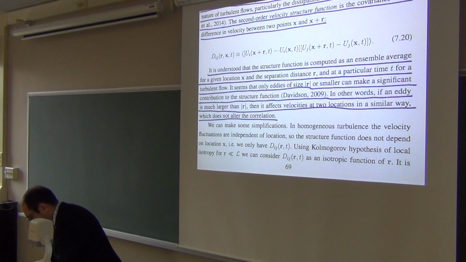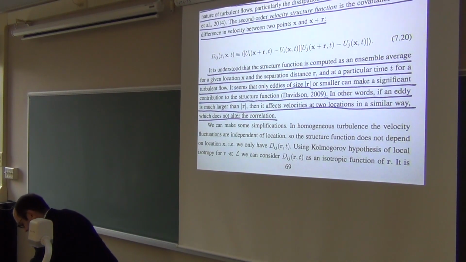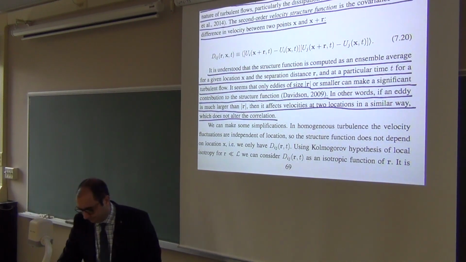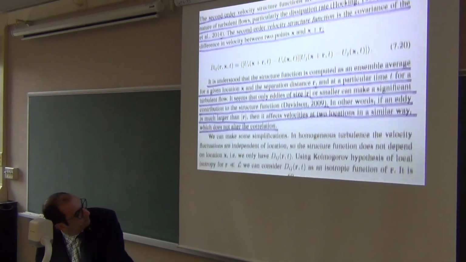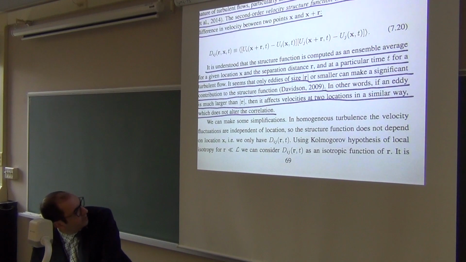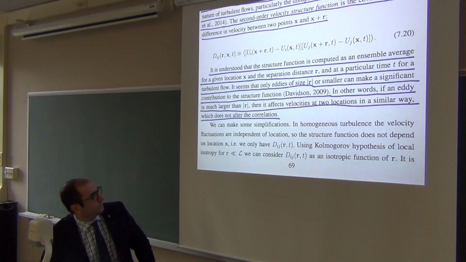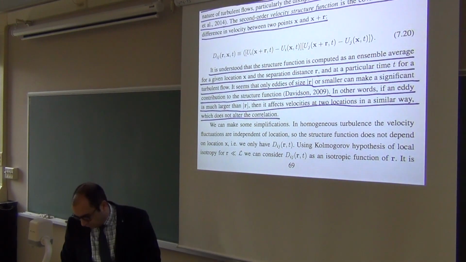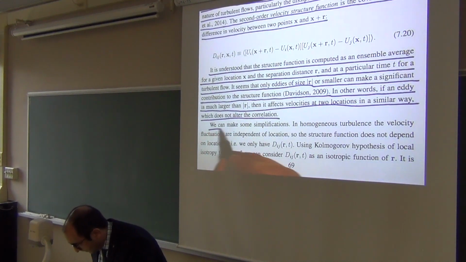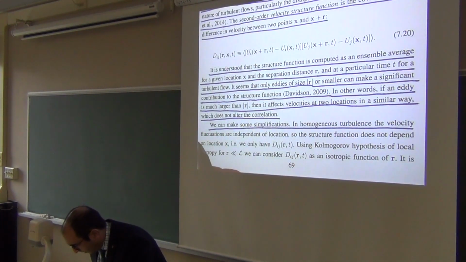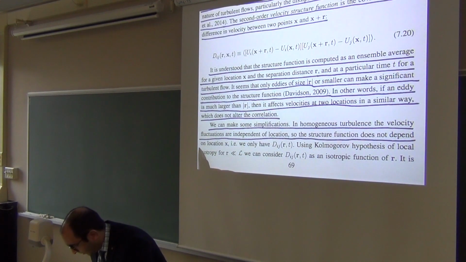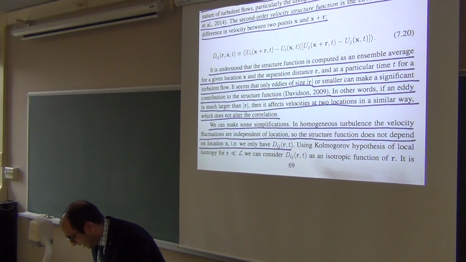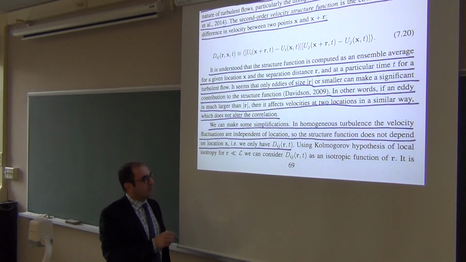And we can make some simplifications. In homogeneous turbulence, the velocity fluctuations are independent of location. So the structure function does not depend on location x. Okay, so again, homogeneous turbulence should be the same everywhere.